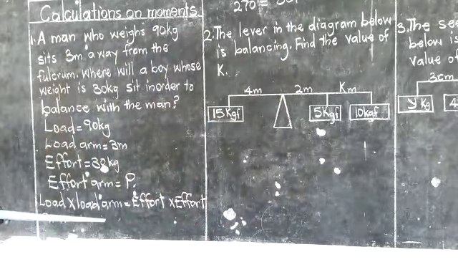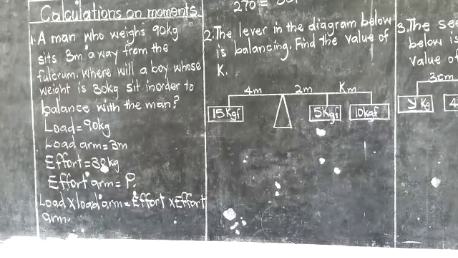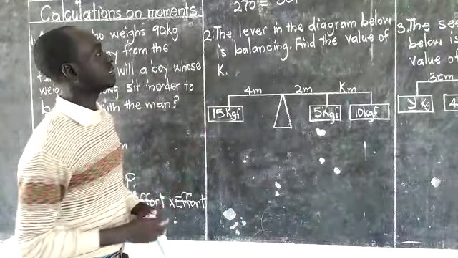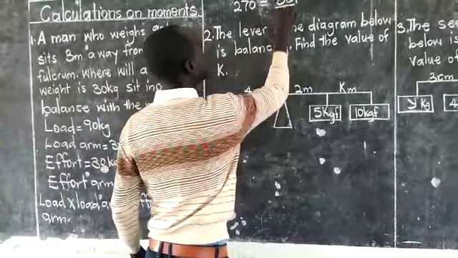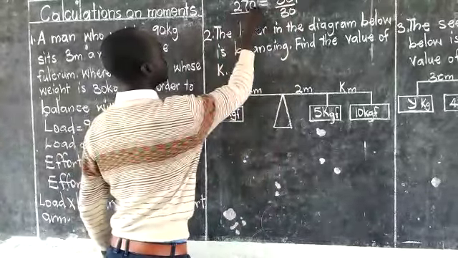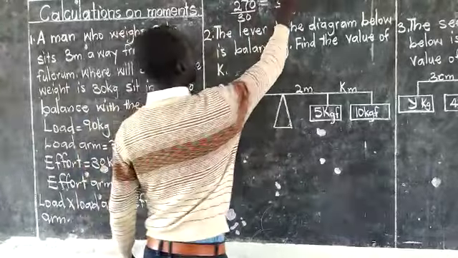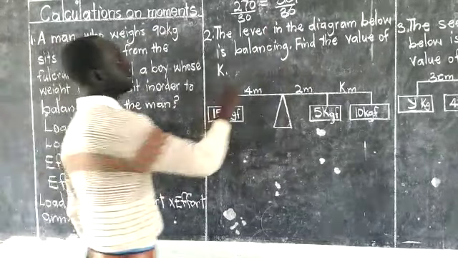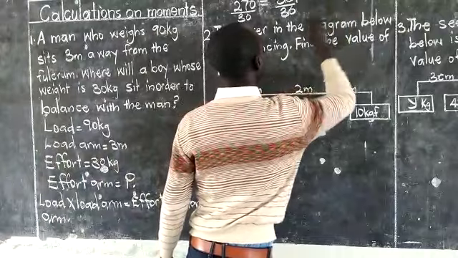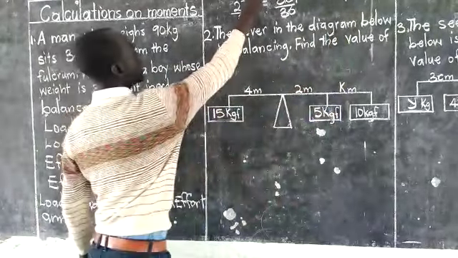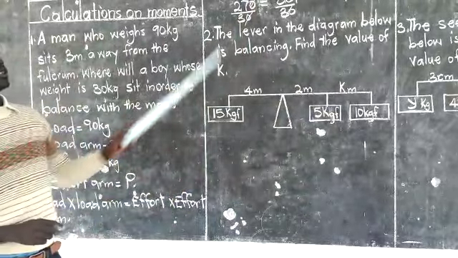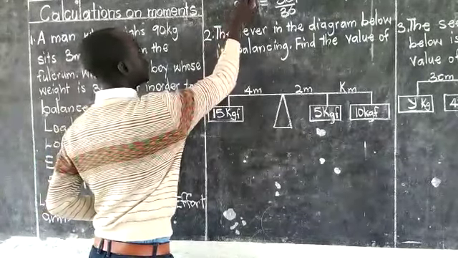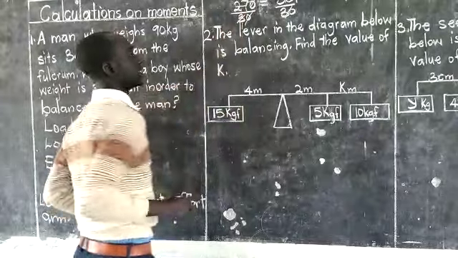As we are finding the value of P being the effort arm, you now need to divide both sides by 30 in order to get the value of P. Therefore, this side should be divided by 30, then this one is also divided by 30. 30 divided by 30 gives you 1. 1 times P gives you P. So the 0 cancels with this, leaving you with 27 to be divided by 3. 27 divided by 3 gives you 9.